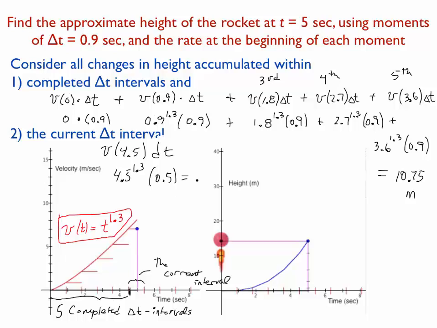Do that quick. 4.5 to the 1/3 times 0.5. 3.53 meters. So our approximate height at 5 seconds is the sum of all the completed delta t intervals.